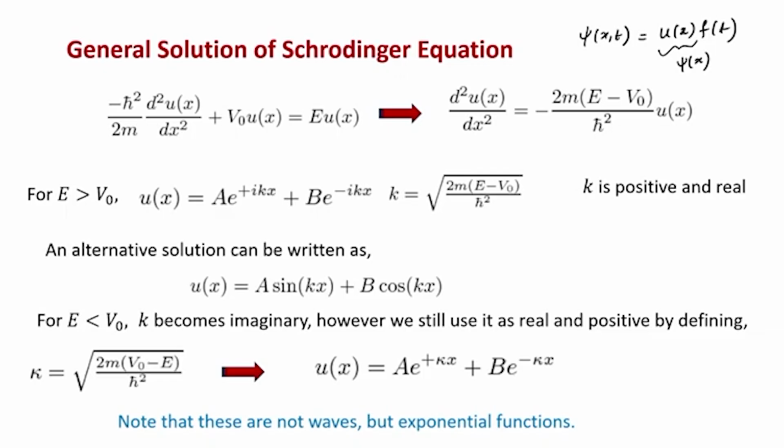So, this is the form for the Schrodinger equation, where V0 is the potential energy, which is a constant potential energy. That is, the potential energy is not dependent on the distance, and it has a certain value, and the wave function is going to be continuous across that potential discontinuity.